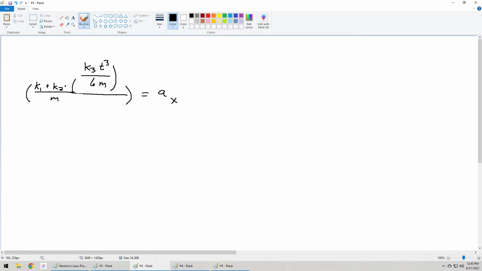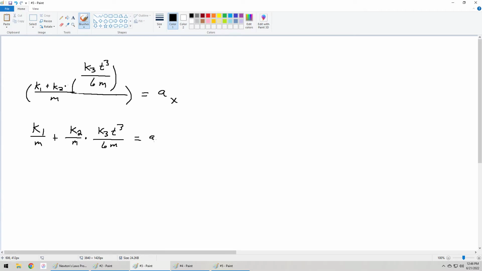Now, I'm going to simplify this a little bit. We can't keep it like this. It's very messy. What I would recommend is breaking this up into two pieces. So we'll have k1 over m plus, I'll do it this way, k2 over m multiplied by k3 t cubed over 6m.